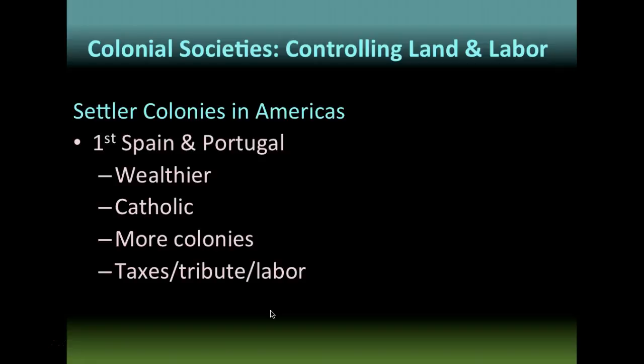So in a sense, it becomes easier for the Spanish and the Portuguese to rule over their colonies in the Americas because of this. And they end up creating more colonies than other European entities in the early years at least, probably because, again, they start out as wealthier and as more powerful and have a lot of influence in the Americas.